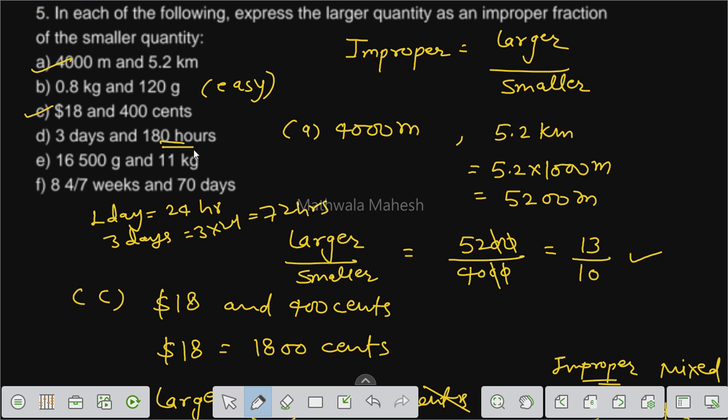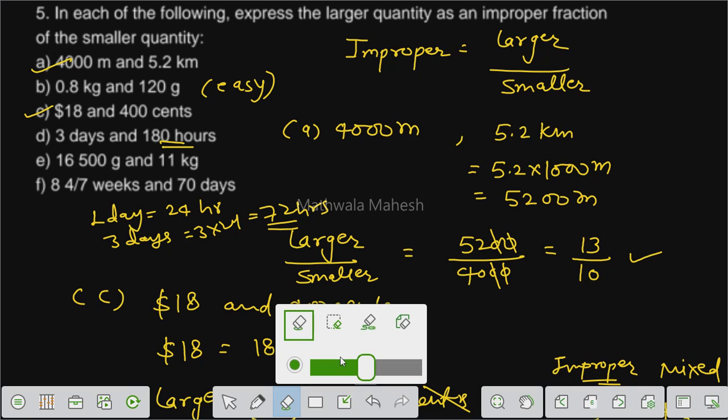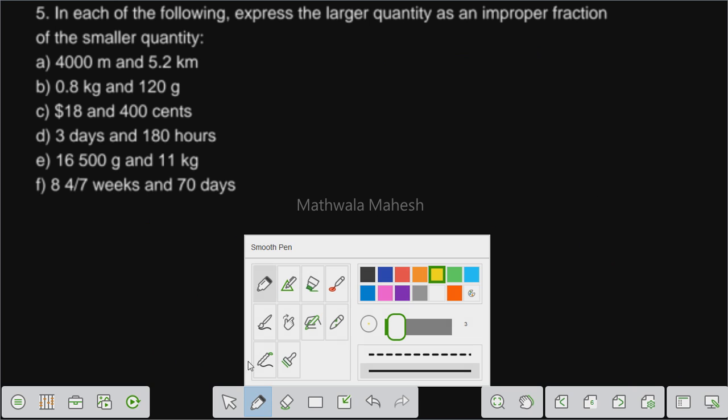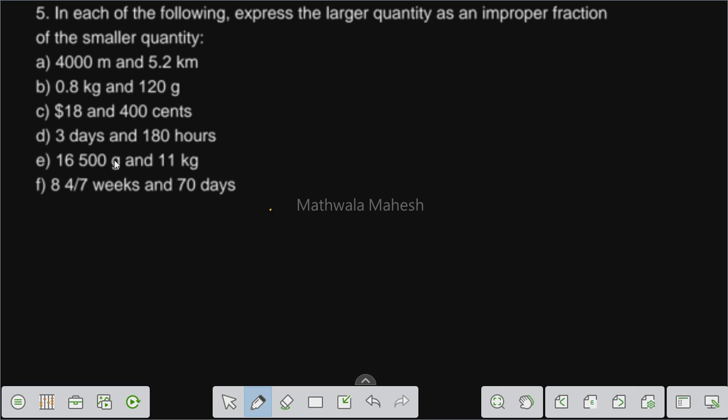So 180 is larger, 72 is smaller, 180 upon 72. Okay, so do this by yourself. And 16,500 gram and 11 kg. 11 kg means 11,000 gram. So the larger one is this one, the smaller one is this one.